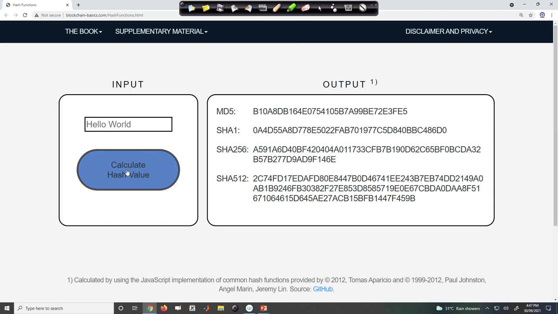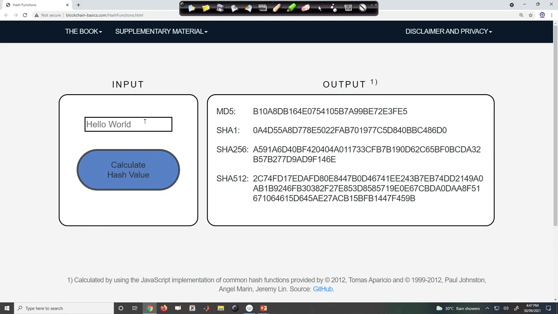Specifically, if we look at SHA-256, we see that it is shown using 64 hexadecimal digits, each of them like A, 5, 9, 1 and so on. So, each of these is a hexadecimal digit and there are 64 of them. Overall, the length in bits is 256.